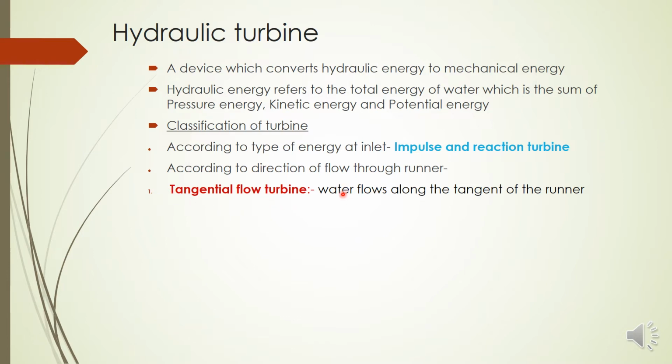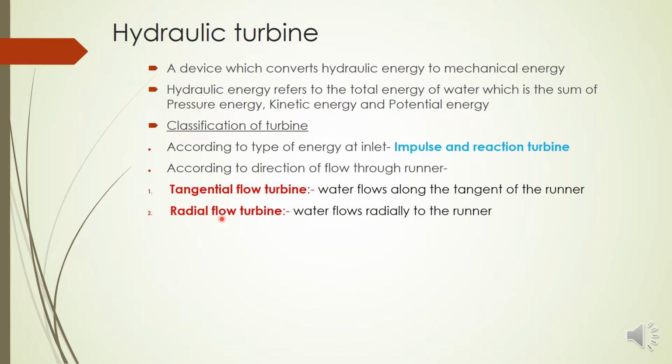Simply the water flows tangent to the runner. So runner means a circular shape, it's a circle, and if the water flows tangent to the runner, we call it a tangential flow turbine. A Pelton turbine is an example of a tangential flow turbine. So we will see it in Pelton turbine. What is a tangential flow turbine? It is nothing but the water flowing tangent to the runner.